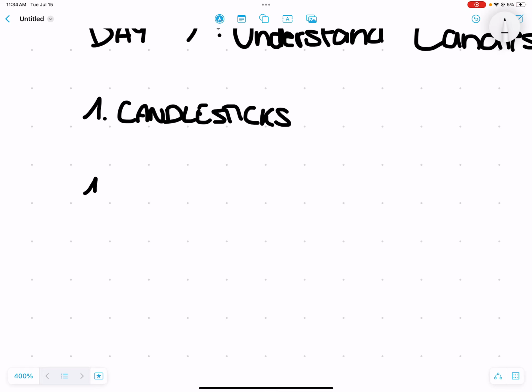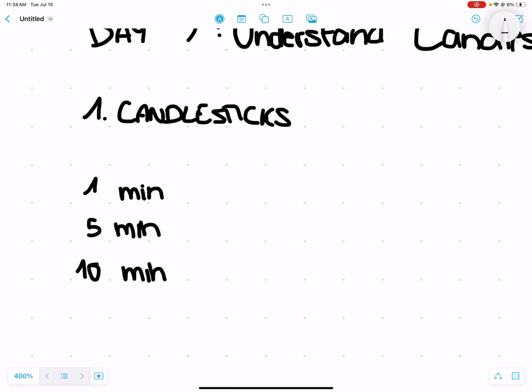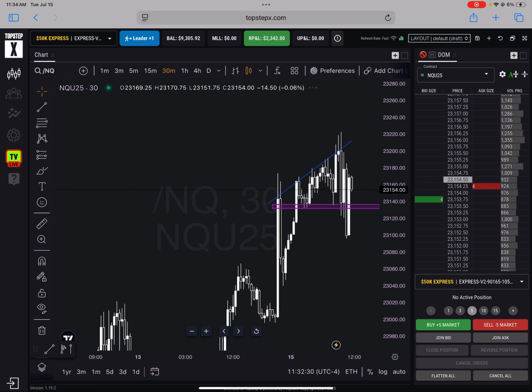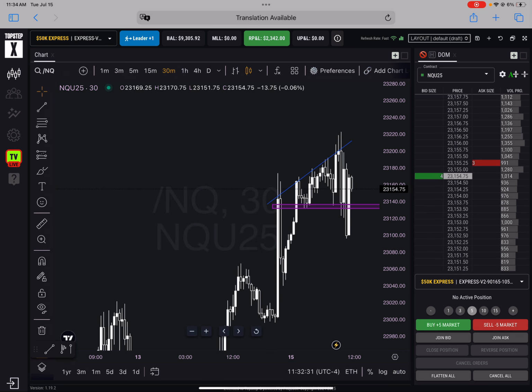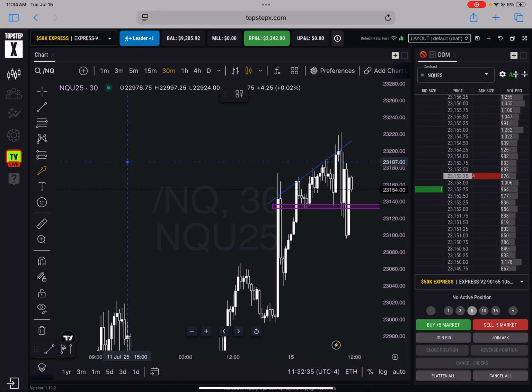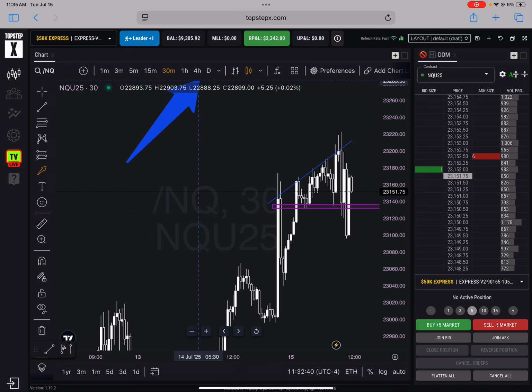As you saw, there are the 1 minute chart, the 5 minute chart, the 10-minute chart. If I go online and show you the charts, here at the very top you're going to see some time frames: 1 minute, 3 minute, 5 minute, 15, 30, 1 hour, 4 hour, daily.